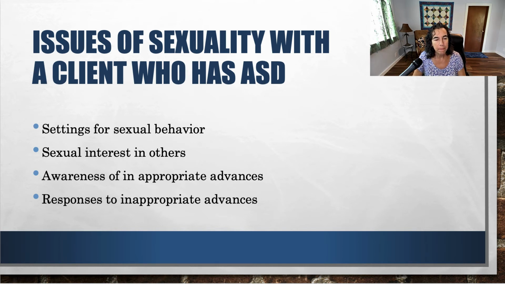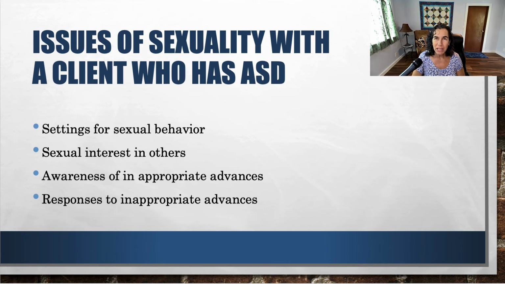Also, sexual interest in others. So our autistic clients may or may not be interested in sex for a variety of reasons. And not to have a total spoiler, but one of the things that's brought up in this little radio piece is that the young man who is dating a woman who is also autistic has some sensory sensitivities, in particular to tactile. And so kissing feels very wet and very smushy and very icky, right?